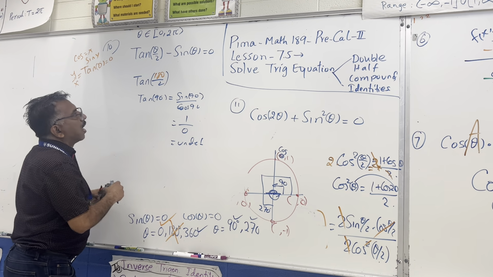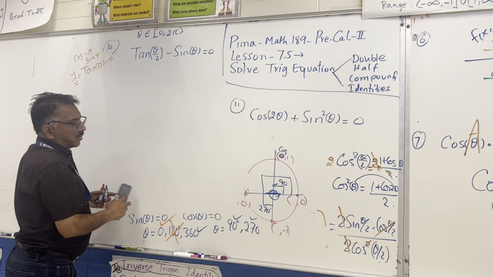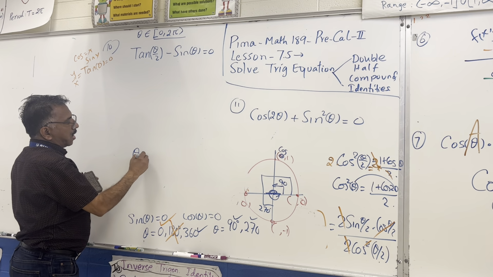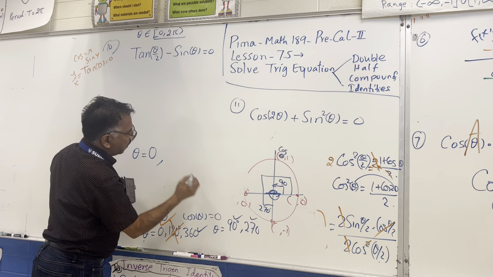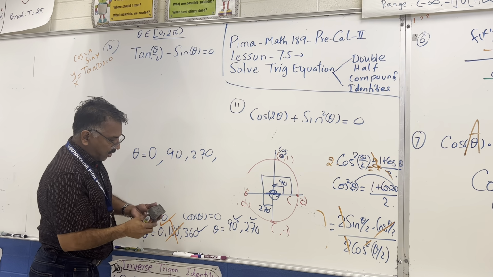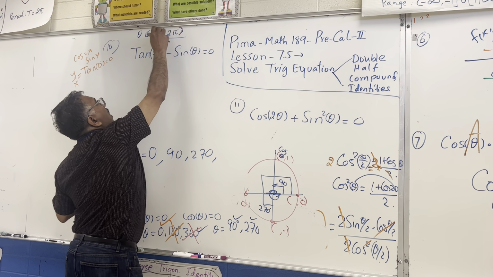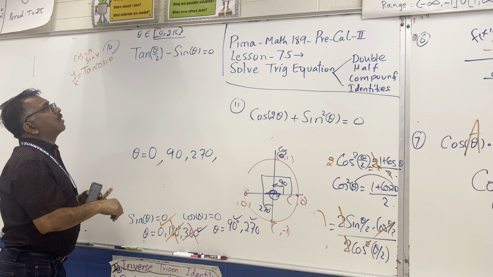So your solution here, the final theta, because it has to be between this. So theta is 0, and then I'll use this one, 90, 270. And you can't take 360 also, because it has to be from 0 until 2 pi.